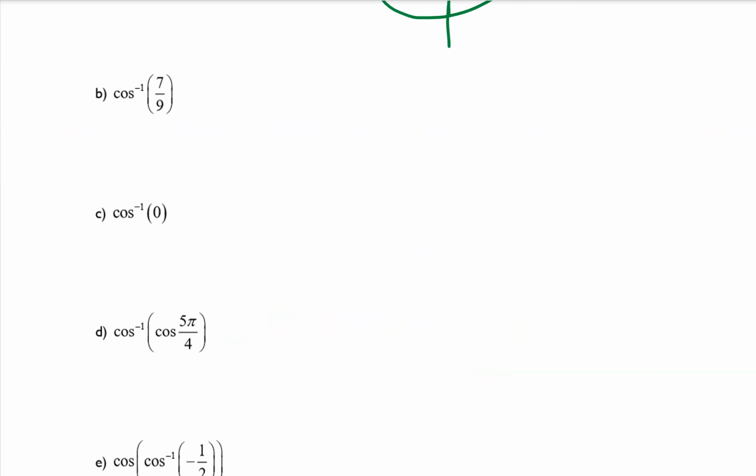Part B wants us to evaluate cosine inverse of 7/9. Remember, 7/9 represents a length or a ratio of lengths, depending on how you're thinking about it. And the output of this is going to be some angle theta that is between 0 and pi.